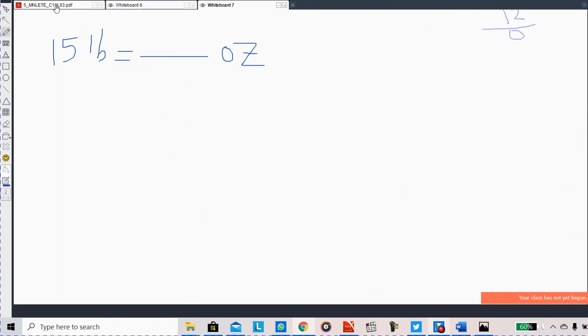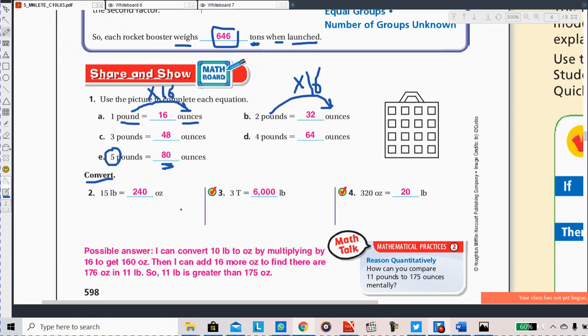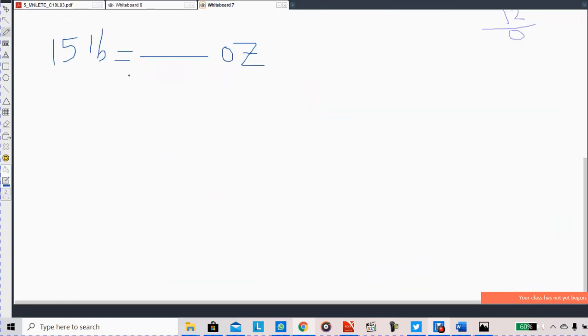Okay, 15 pounds equals what ounces here? Okay, firstly, we are going to convert from pounds to ounces. So we're going to multiply by 16. Okay, let's multiply here 15 by 16.